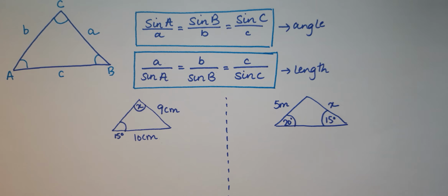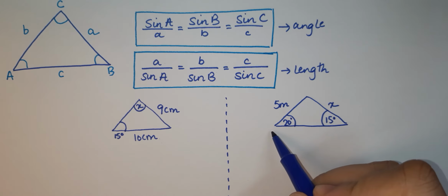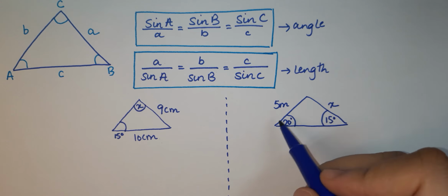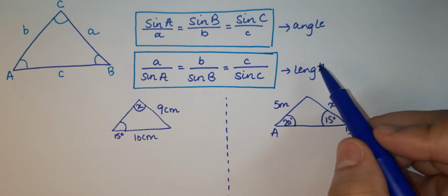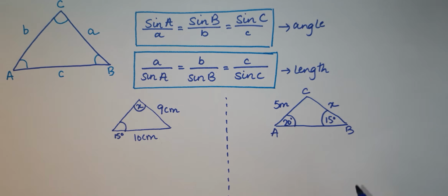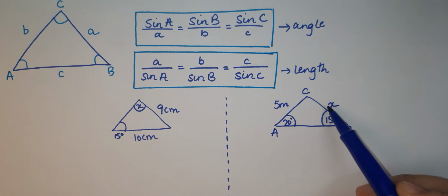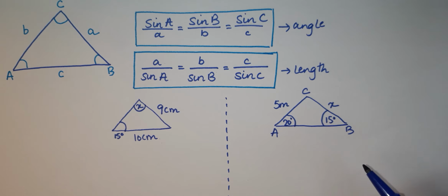Sometimes they'll have it labeled, or most of the time they do. So if we label these quickly, if I say this is A, this is B, and this one is C, this question would say find out length CB if they don't write x over here.